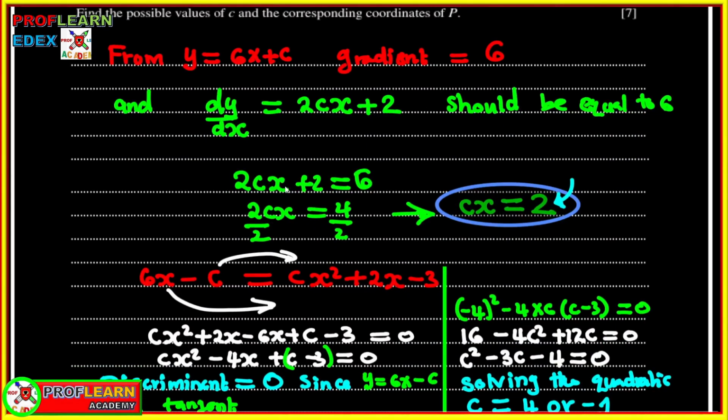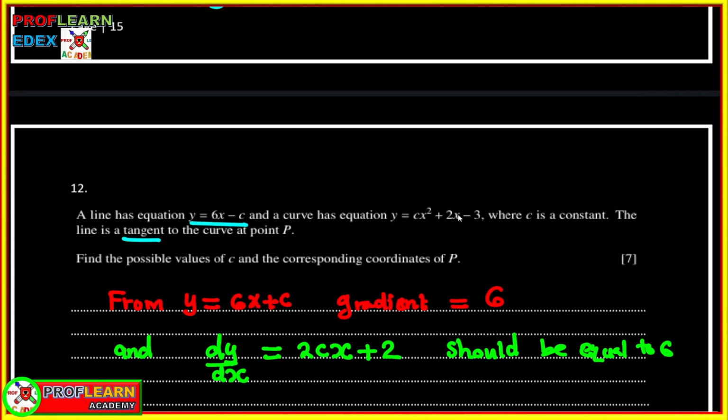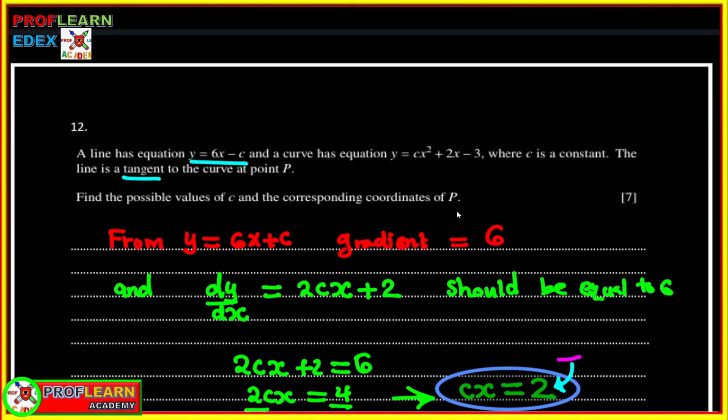So if we equate the gradient function and the gradient of the line, which is 6, we're going to have this equation. This equation is going to be very important for us when we're working it out. So the next thing is to equate this equation and this one, because they are meeting at actually one point, so that will mean that the discriminant is equal to 0.